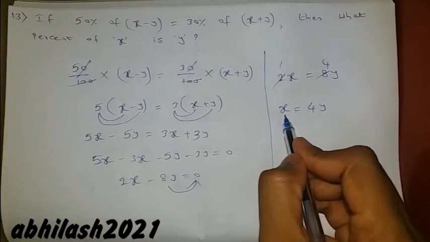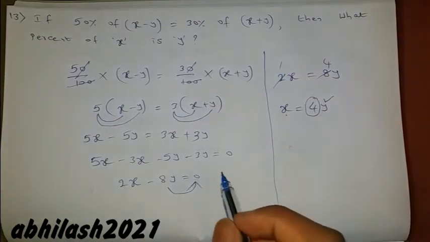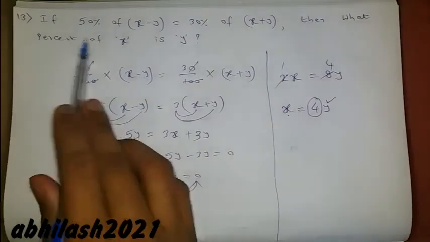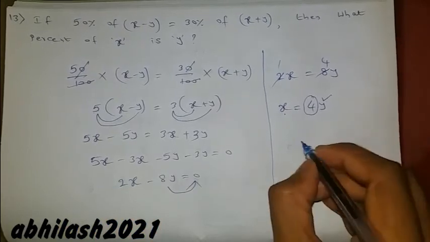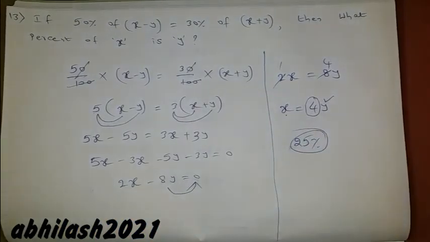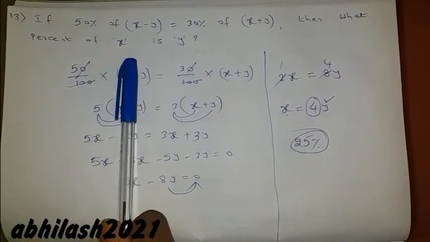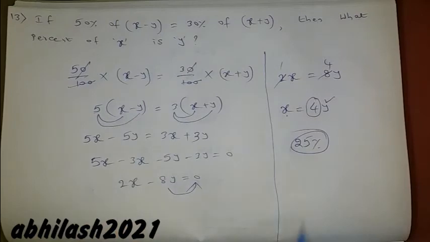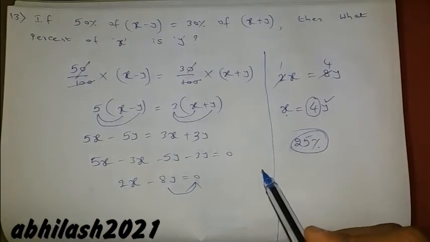X is 4 times of y. Then we want what percent of x? This is 4, nothing but 25%. So it means 25% of x is y, because it is clearly said here x is 4 times of y. Finished.